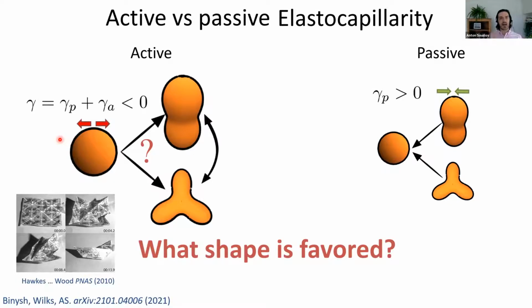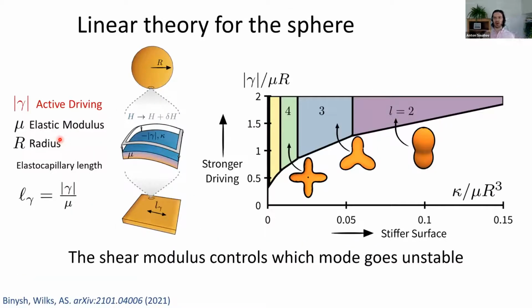So you add a negative surface tension to a solid ball, and you get this sort of phase diagram here, right? And what you see on this phase diagram are two axes. The horizontal axis is just an axis of passive elasticity. It includes both a surface elasticity term and a bulk elasticity, or a shear modulus.